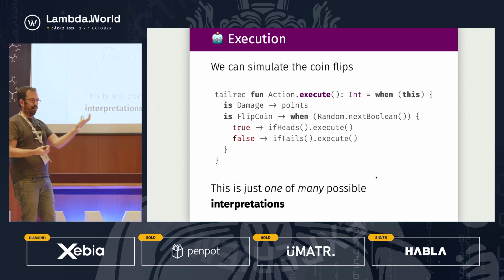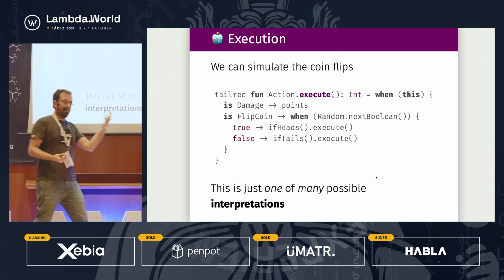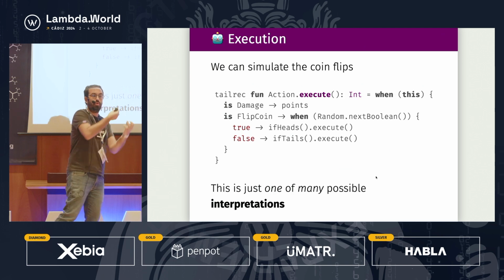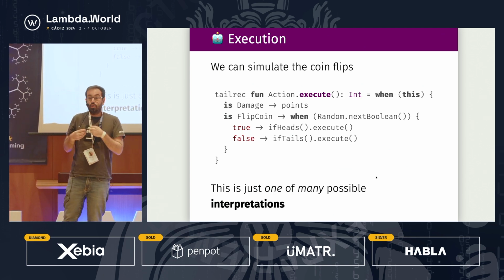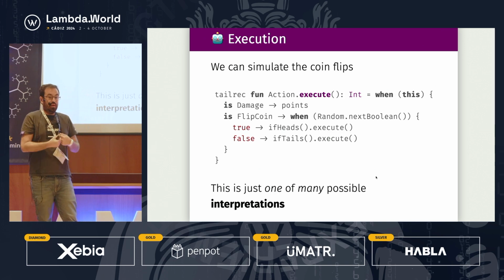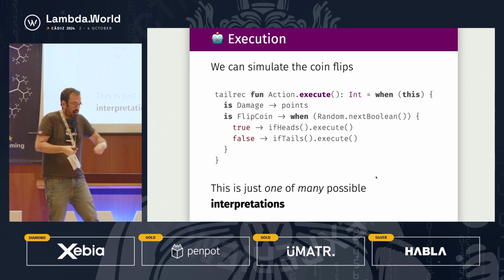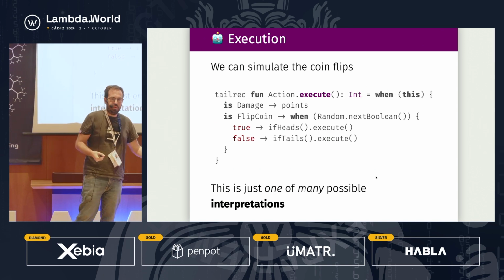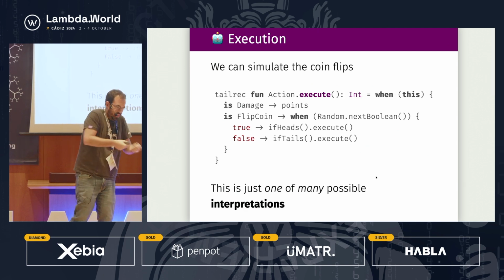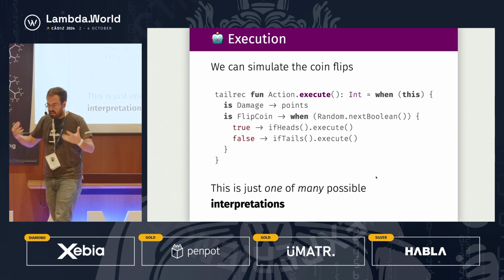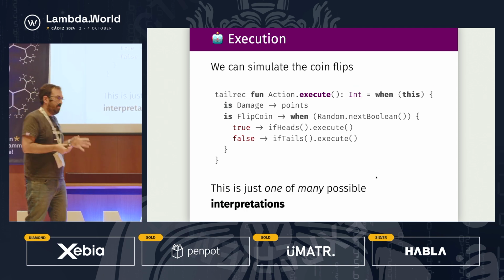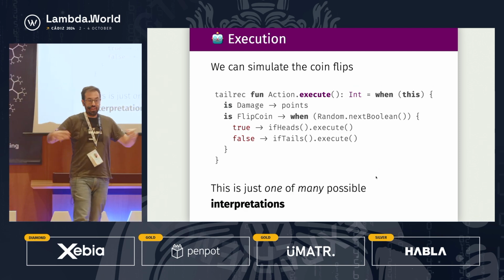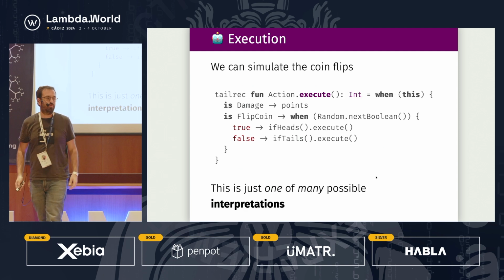So once you have the program, you have the power to know things about the program. You can look at it, you can analyze it, you can even optimize it, right? Like, if you make two conditions which depend on the same coin flip, well, you don't need to nest them, you can do this all at once. These kinds of things maybe don't make much sense for such a small language, but if you think of a bigger language, all these things may be important for you.